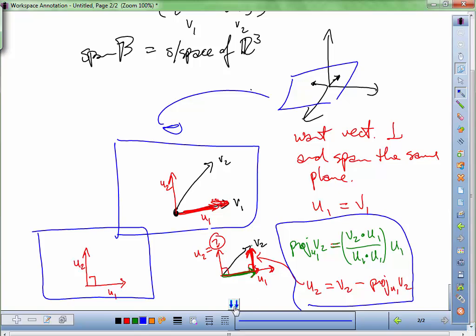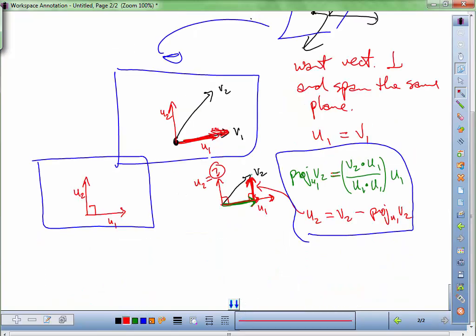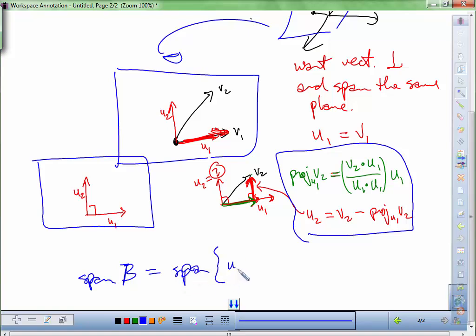Now instead of the span of the basis vectors B, we have the span of U1 and U2, which are perpendicular.